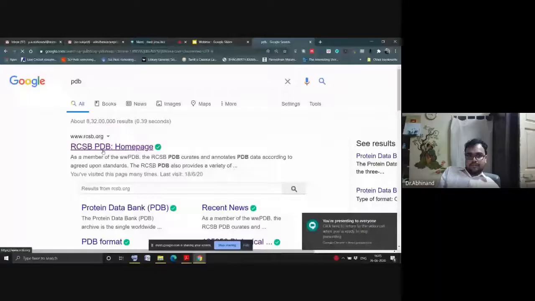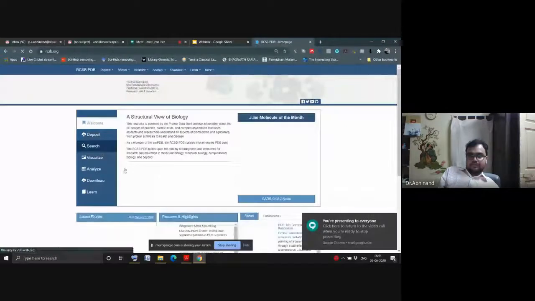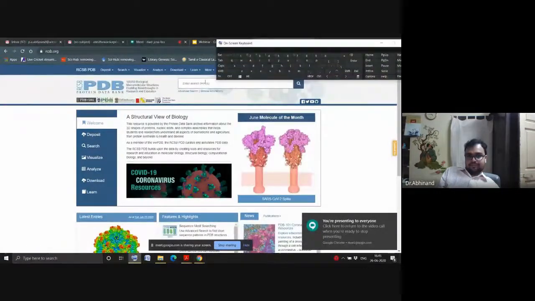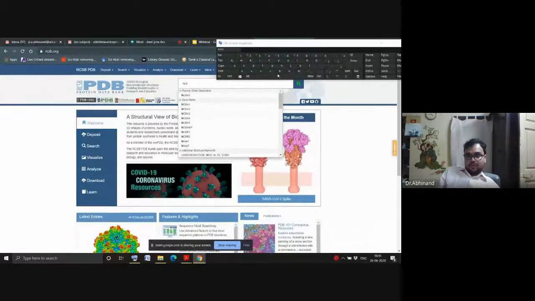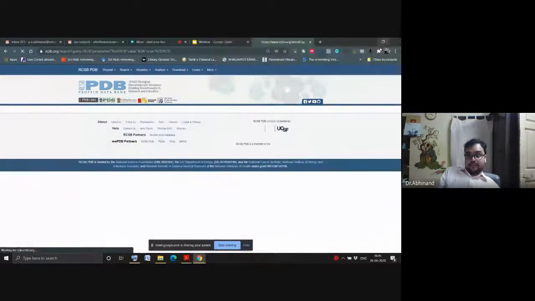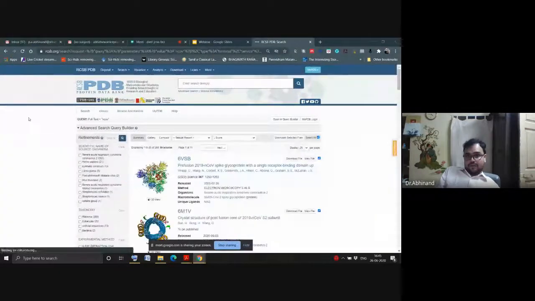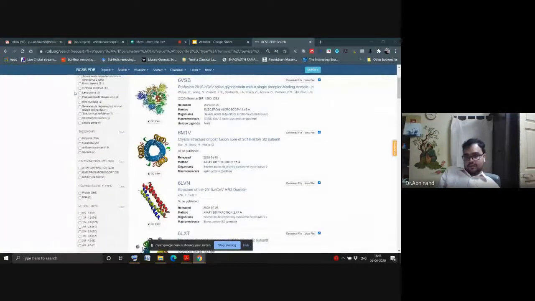Are you able to see my screen? So here you type nCoV, novel coronavirus. So here all the proteins in the coronavirus are shown.